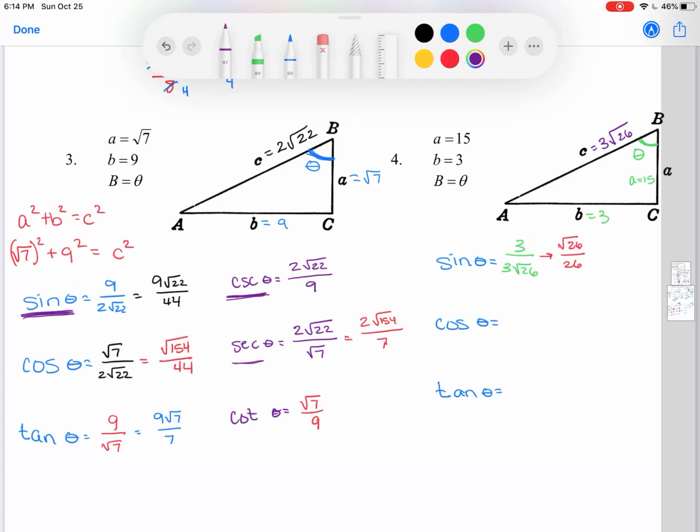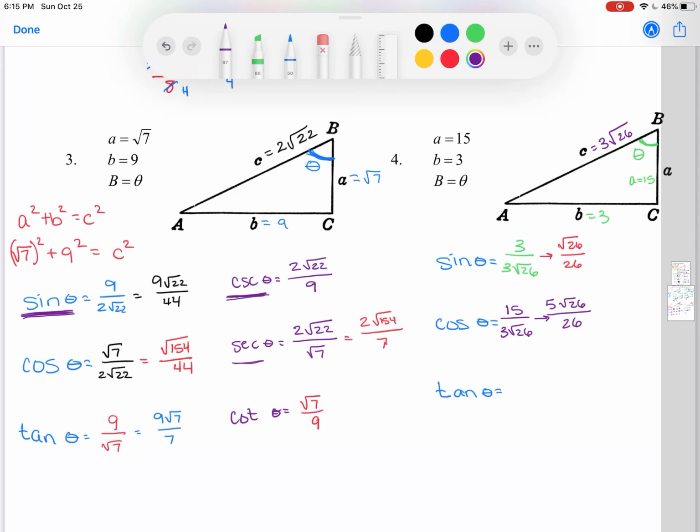Again, I don't like the square roots in the denominator, so once I simplify, that is going to turn into the square root of 26 divided by 26. Those 3's actually end up canceling when you simplify that one.